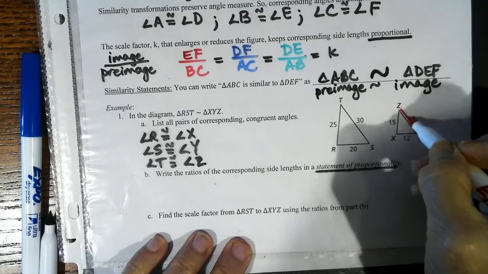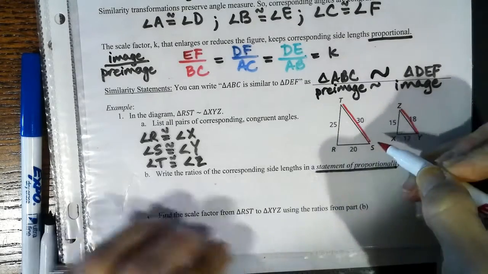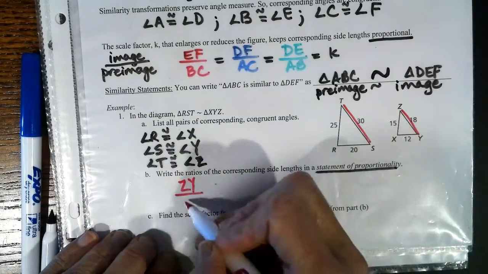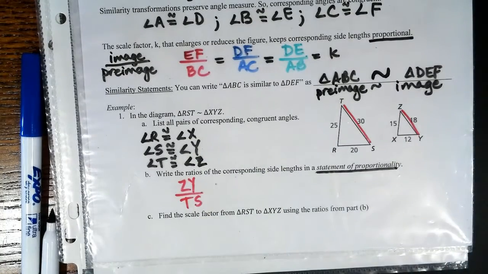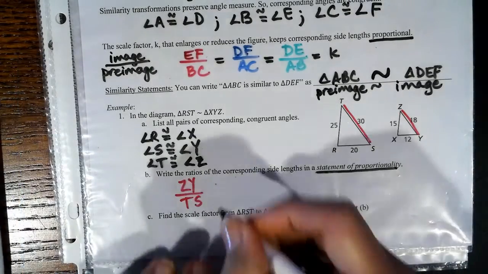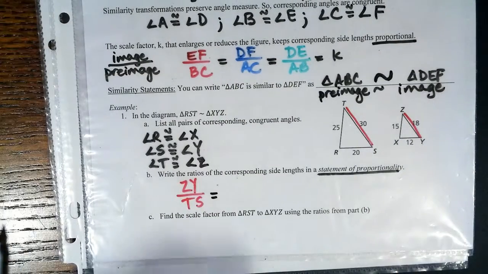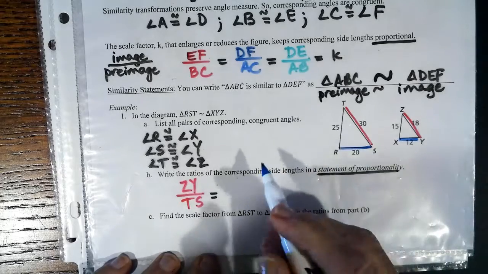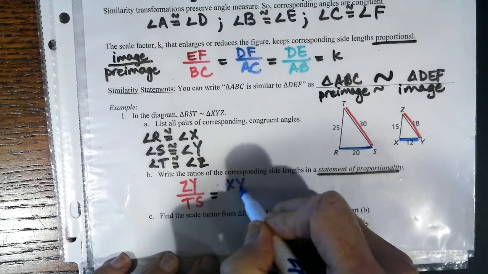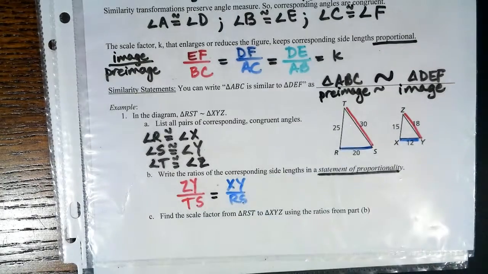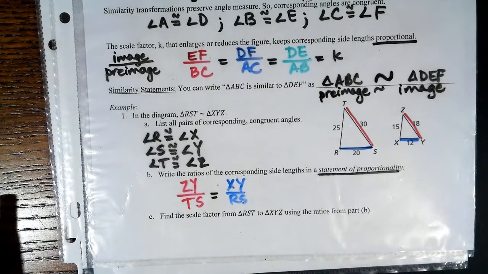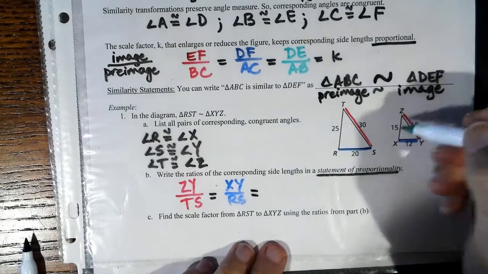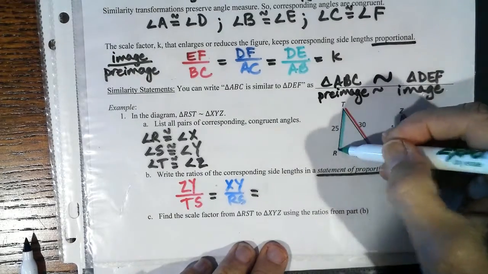Okay, I can write that ZY, TS, I can do XY, RS, and ZX, TR.